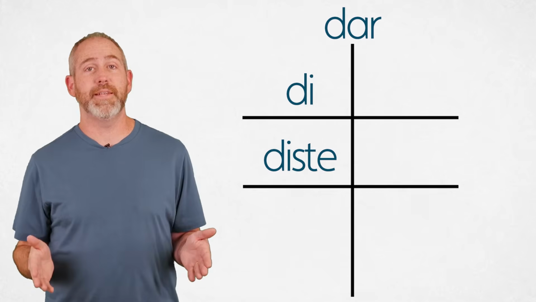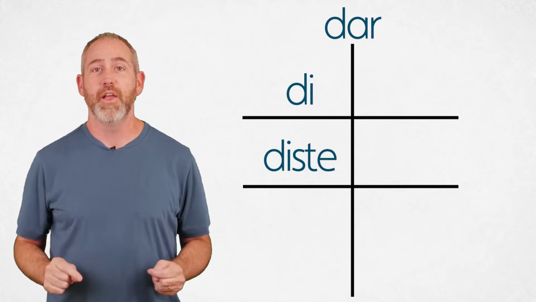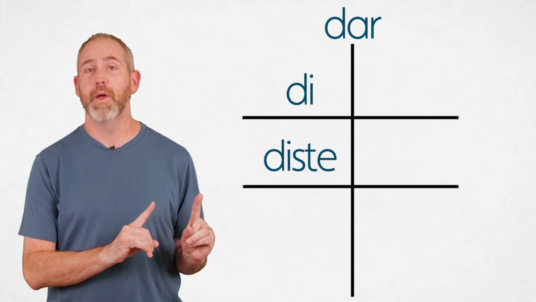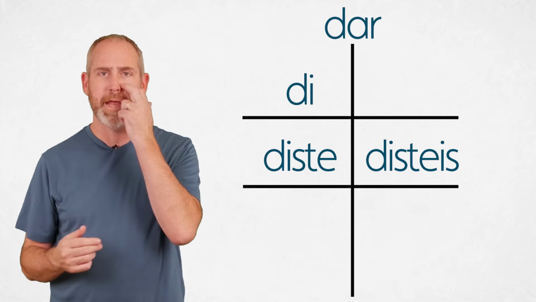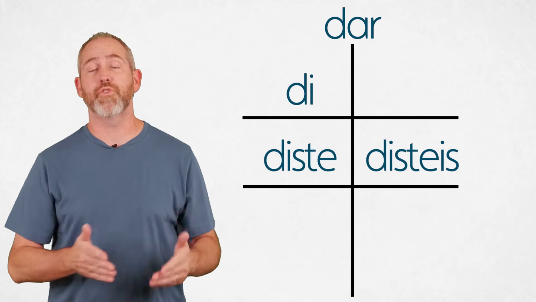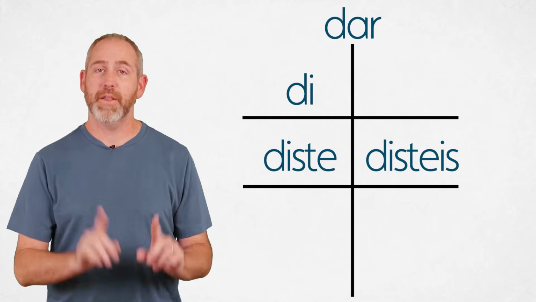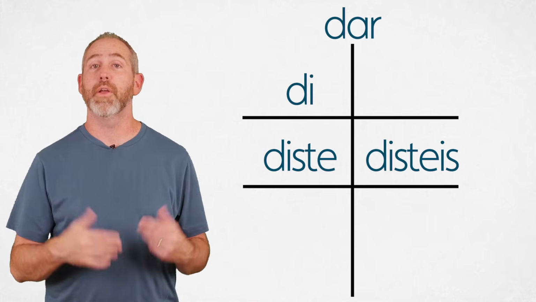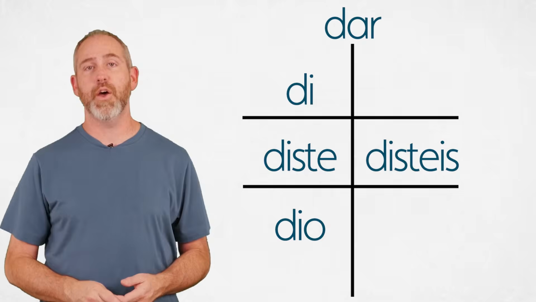Now, I like to do that visual, make connections. Go ahead and take that diste and move it over to the vosotros form and just simply add is: disteis. So that kind of helps you remember how to spell the vosotros form. It's almost the same. We just add that is to it. Now, on the bottom left, the él, ella, and usted form, we have dio, no accents to worry about, just D-I-O.